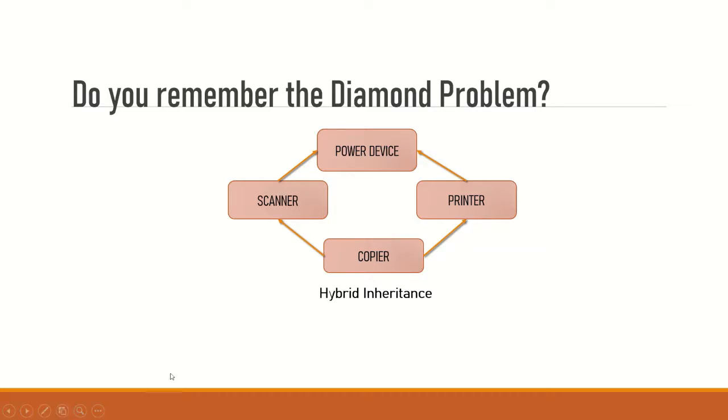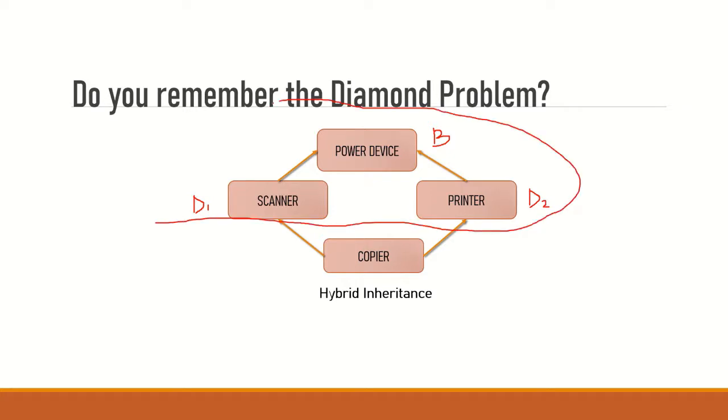Look at the shape here. The shape looks like a diamond. Here the power device class is the topmost base class, the scanner class acts as a derived class for the power device class, and the printer class acts as another derived class for the power device class.